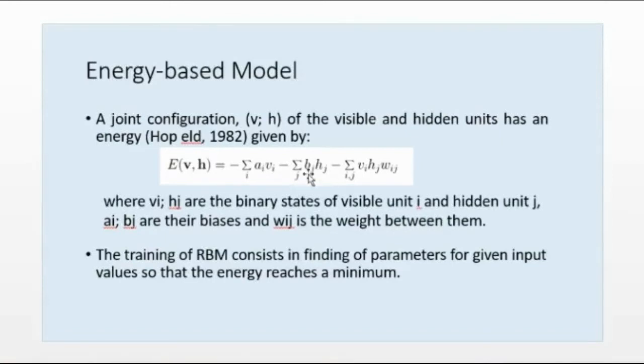Similarly this is for the hidden node, b_j h_j, and then v_i h_j w_ij. Here v_i and h_j are the binary states of visible unit i and hidden unit j, a_i and b_j are their biases, and w_ij is the weight between them. So this is the energy function. The training of an RBM consists of finding parameters for given input values so that the energy reaches the minimum.